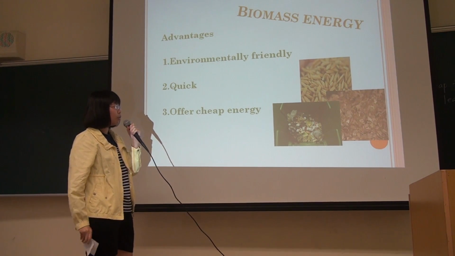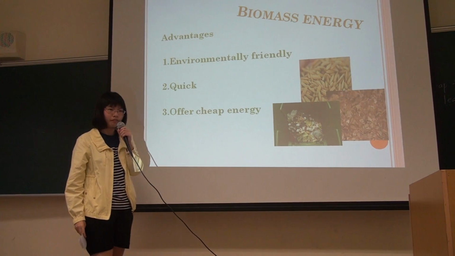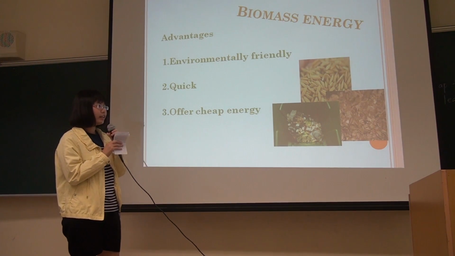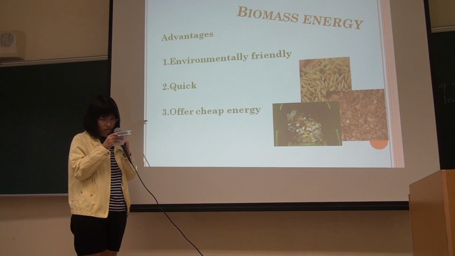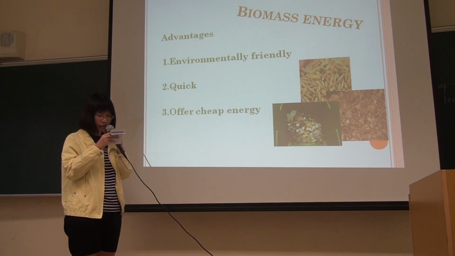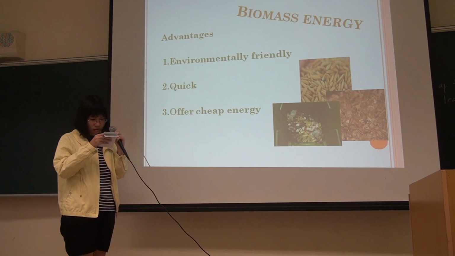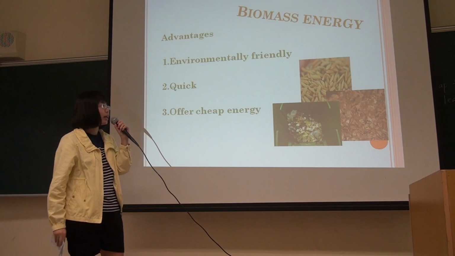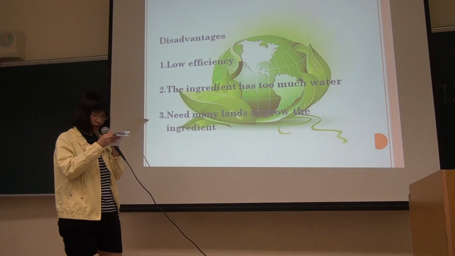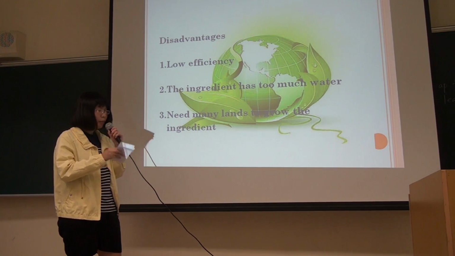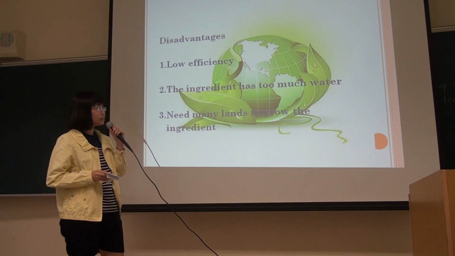Because they are all waste, biomass energy has two profits. They can deal with the waste and generate energy, and the energy is cheap. And you can get the energy soon. And it's environmentally friendly.